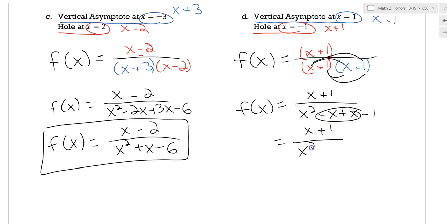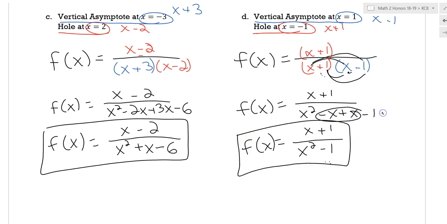Those are opposites. So we get x squared minus 1. One trick: if you recognize this as a difference of squares, you should be able to get to this right away. You should be able to skip that step. Okay, so again, as you become more comfortable with your factoring and seeing those things, you probably don't have to do that step. That's just becoming more natural.